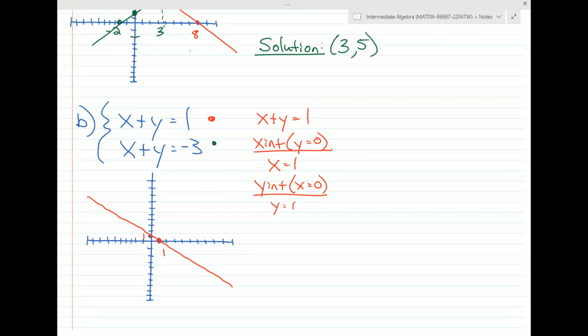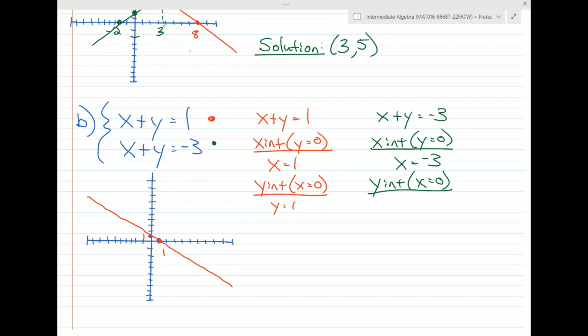Second line, x plus y is -3. Where we get the x-intercept is we make y 0. Where we get the y-intercept is we make x 0. If you put 0 in for y, you get x is -3. 1, 2, 3 is right here.